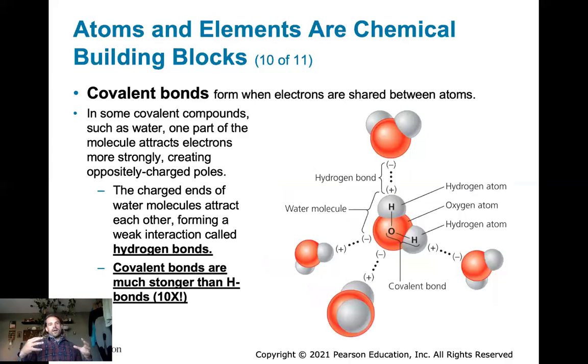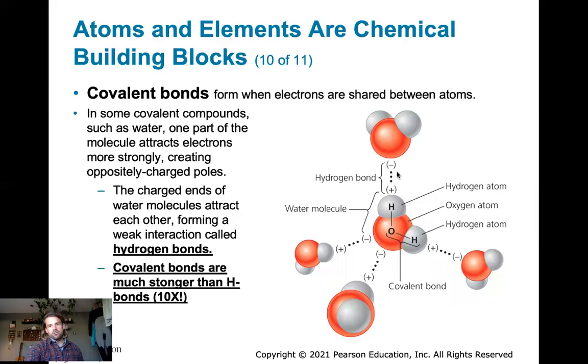Now, when you have many water molecules linking together, you end up with this other type of bond called a hydrogen bond. A hydrogen bond is when these semi-polar states, this negative charge here and this slightly positive charge here, are interacting with each other, okay? So the charged ends of water molecules attract each other. They form a weak interaction called hydrogen bonds.